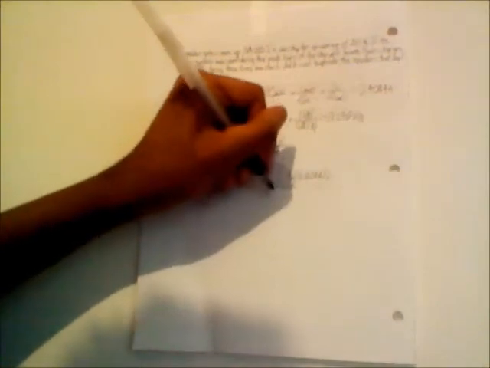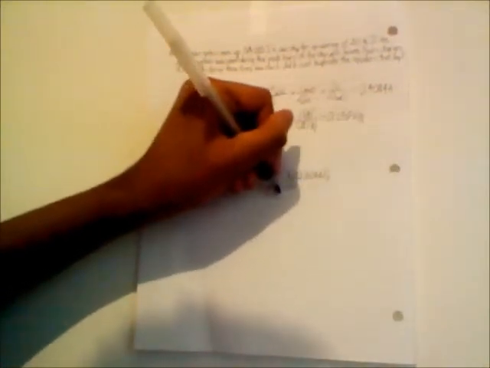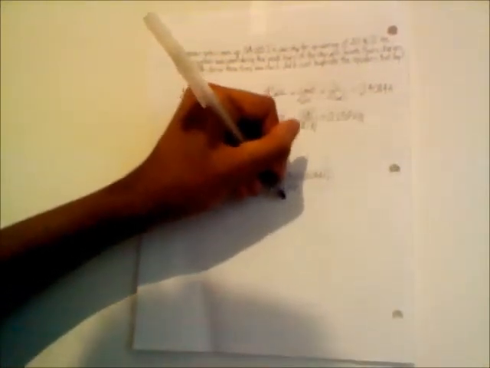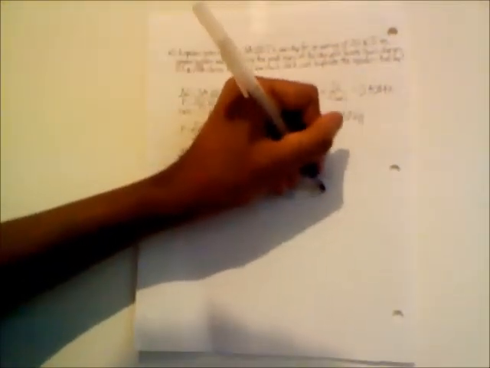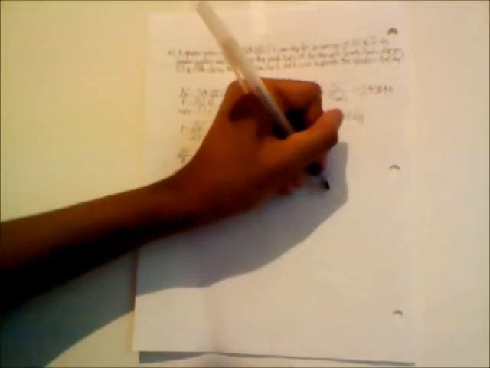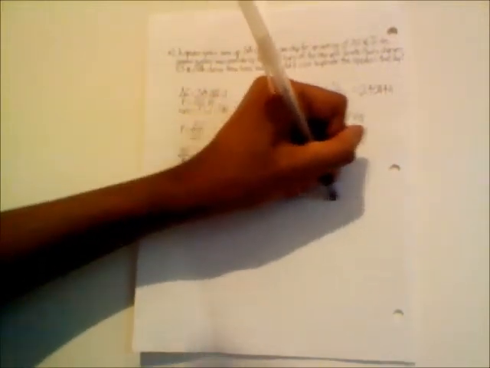Again, significant digits. This one has 3, this one has 4, so we need to round it to 3. 0.101 kilowatt hours multiplied by that rate, which we cannot consider significant digits in again because it's a dollar amount, which has to be expressed in 2 decimal places.